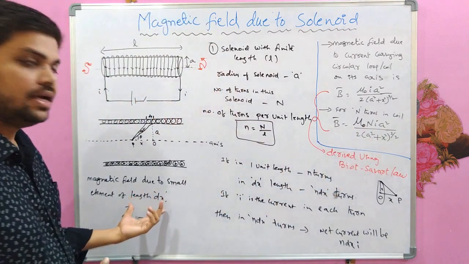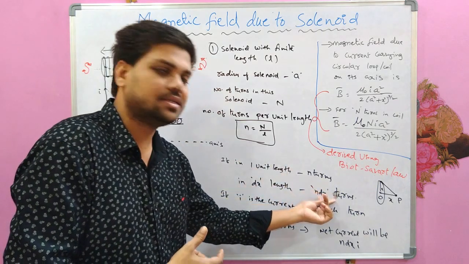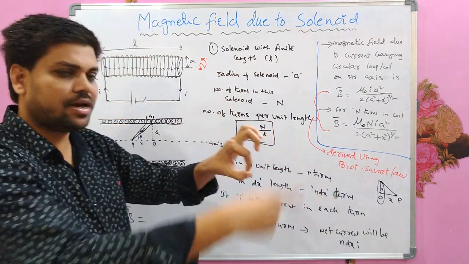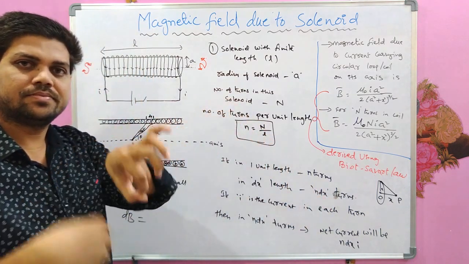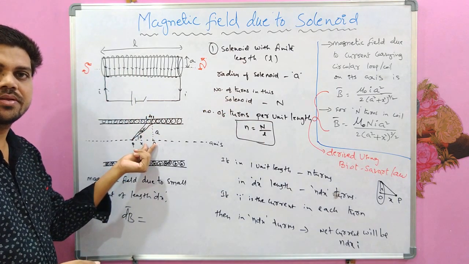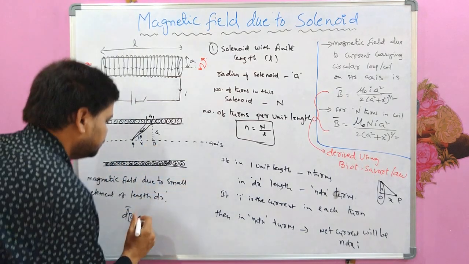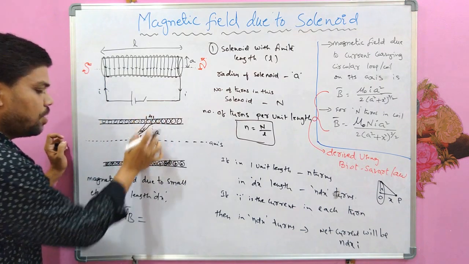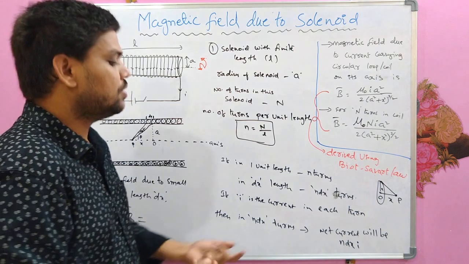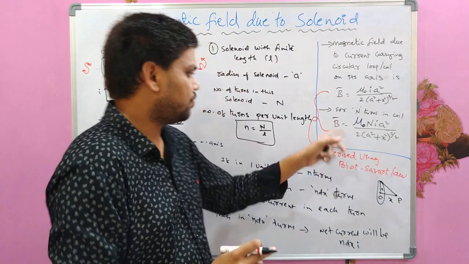Here, in the small segment of the solenoid whose length is dx, there are ndx turns, and every turn is like a circular loop. So the magnetic field due to this small segment of the solenoid, in which ndx turns are there, or you can say the net current ndxi, you can use either of these to write the formula.